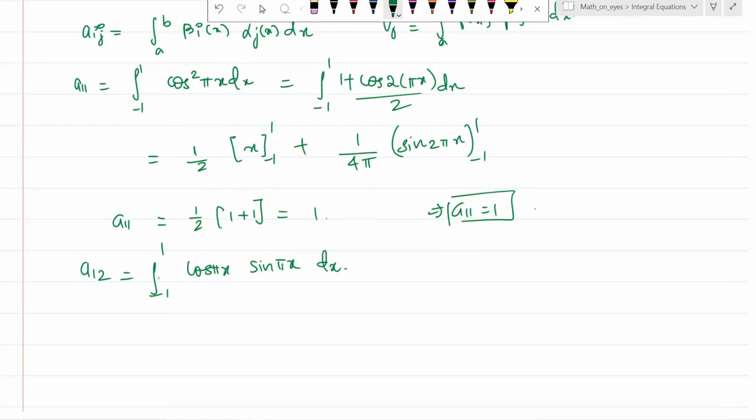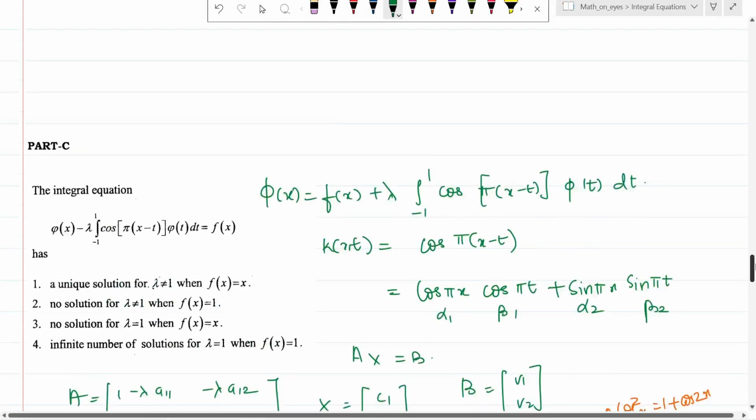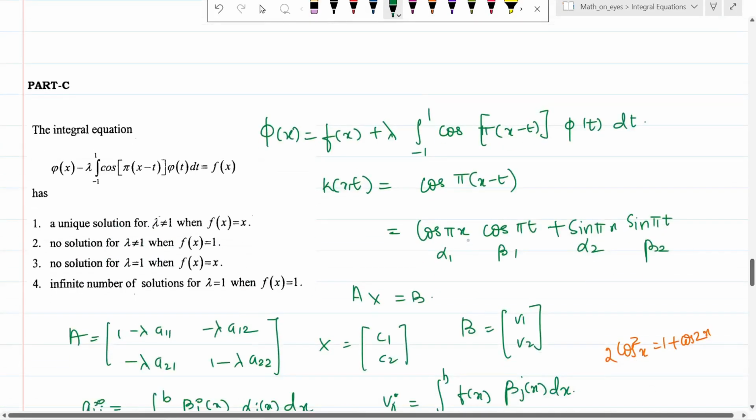As we know that integral minus a to a cos mx sin nx dx is equal to 0, we get this part to be 0. So this is equal to 0, and similarly A21, which is integral minus 1 to 1, beta 2 and alpha 1, sin pi x cos pi x.